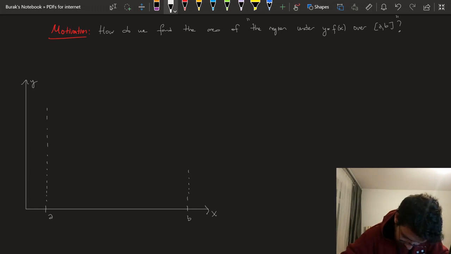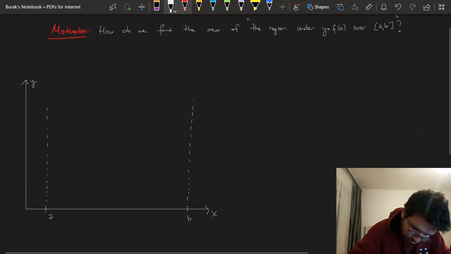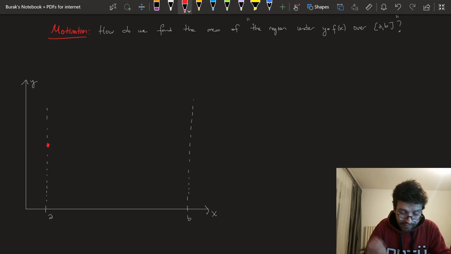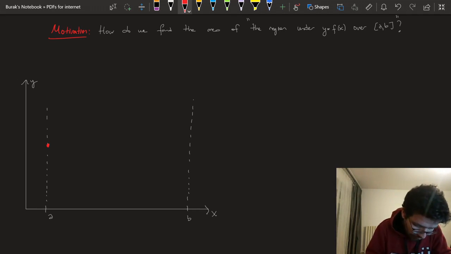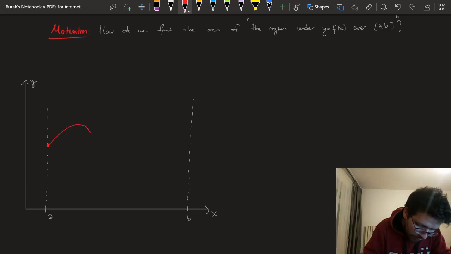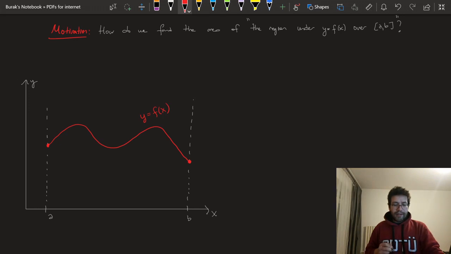Just give me a second. I'm just going to draw my graph as if my function is always positive, which is not necessarily the case, but I'm going to talk about what integral means when you have a function which can take negative values. For now, let's stick to this case. So let's take a function whose graph looks like this.